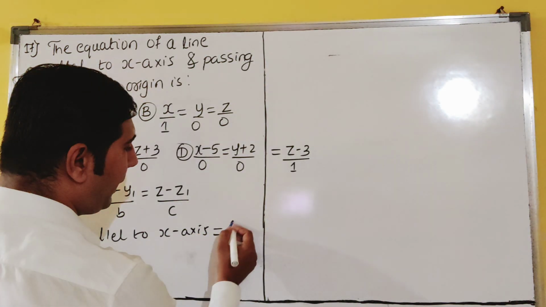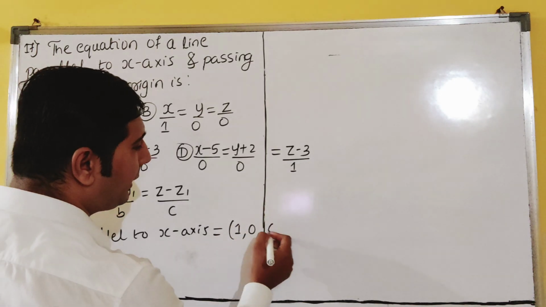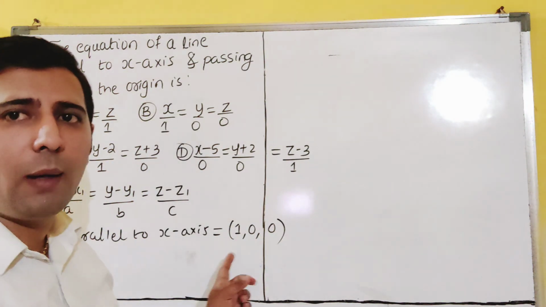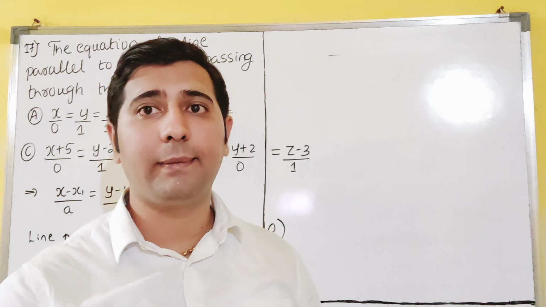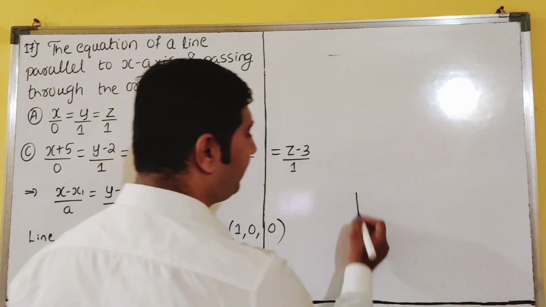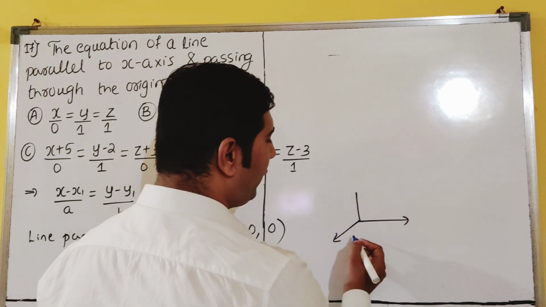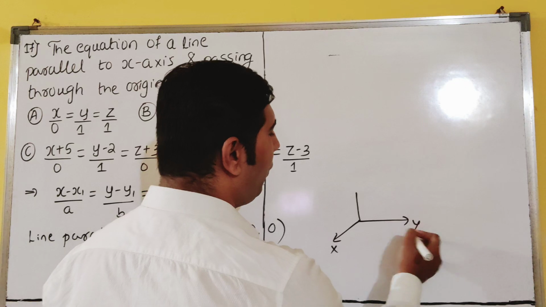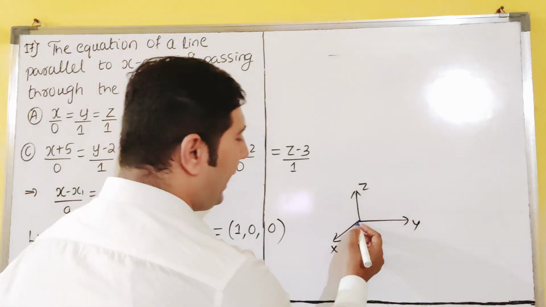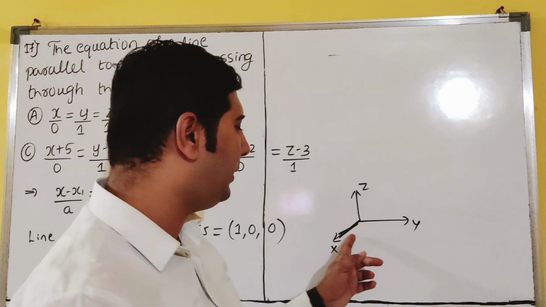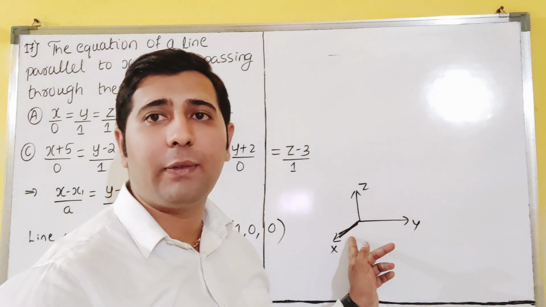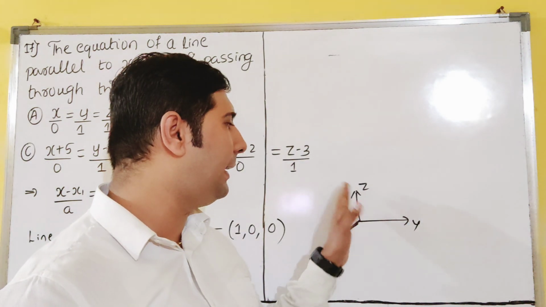Then what will happen? You know the point is 1, 0, 0. However, see here, suppose you think this is x, y and z. The line is lying on this. How much angle will it make? 0. The others are 90, 90.